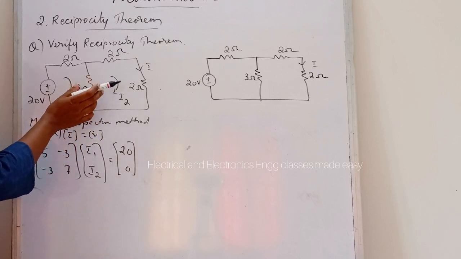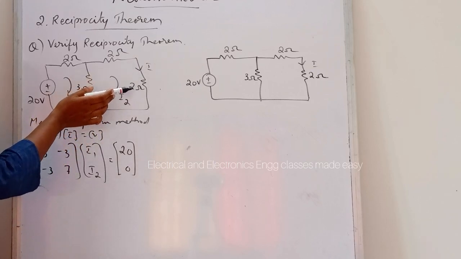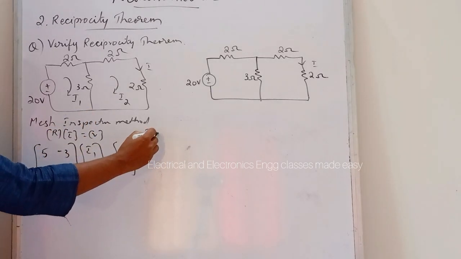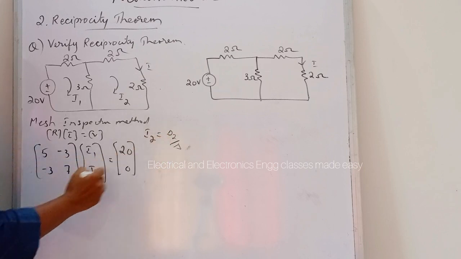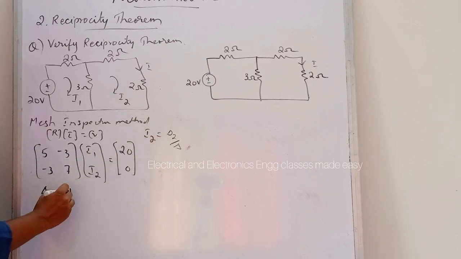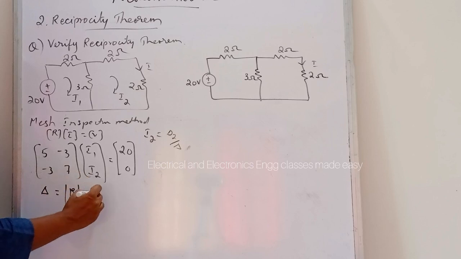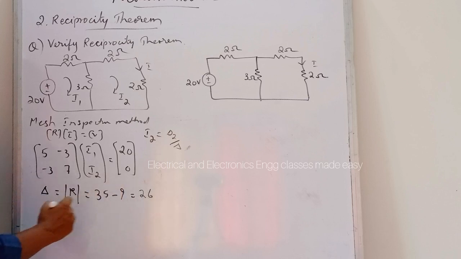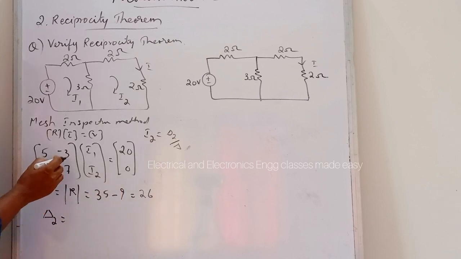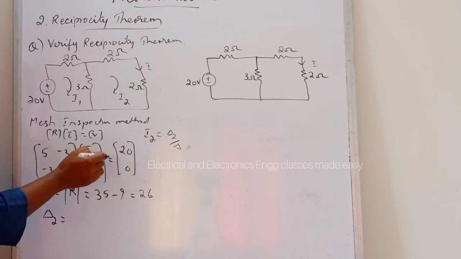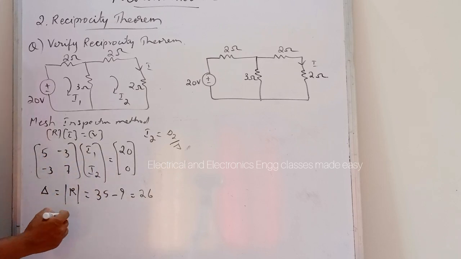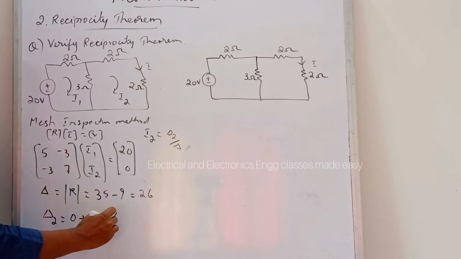Then we have to find the value of the current through the 2 ohm resistor, that is I2. For that, I2 is equal to delta 2 divided by delta. Delta is the determinant of the R matrix, that is 35 minus 9, which is equal to 26. Then delta 2, changing the second column elements with the voltage elements, is 0 plus 60, equal to 60.